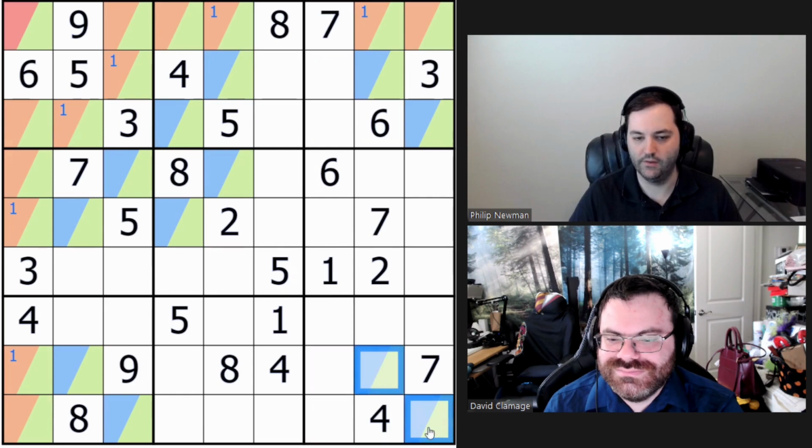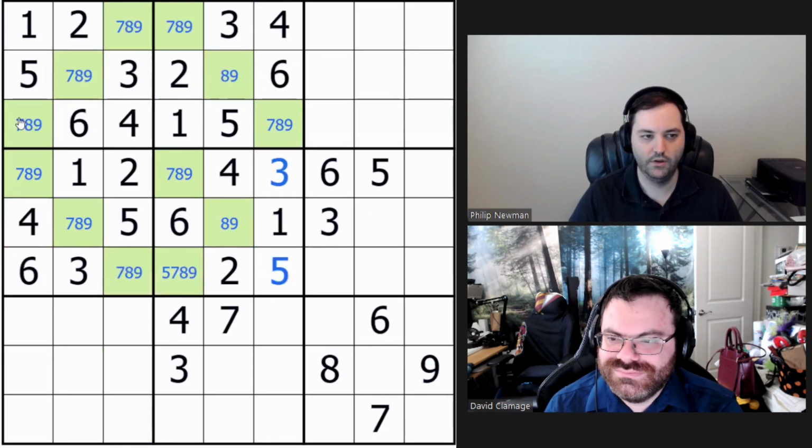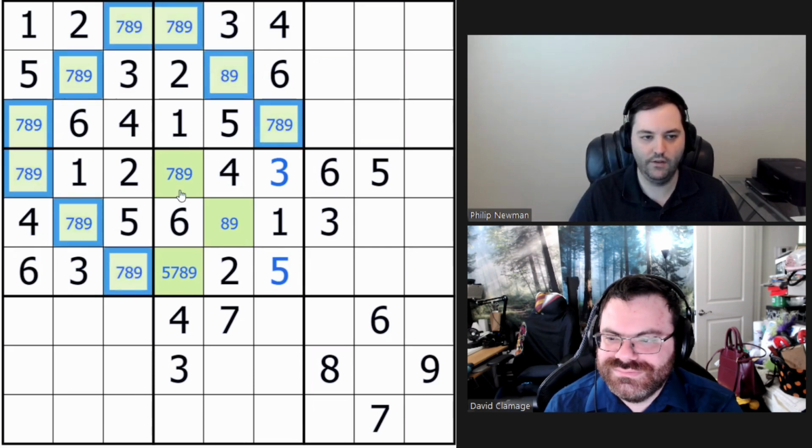Partly because of the way this is turned. Mm-hmm. This is a very common thing that you'll see with Two String Kites or Oddagons like this. Other cases, the tri-value cell, we were kind of making a circle, right? Mm-hmm. And then we messed it up by going this way instead.